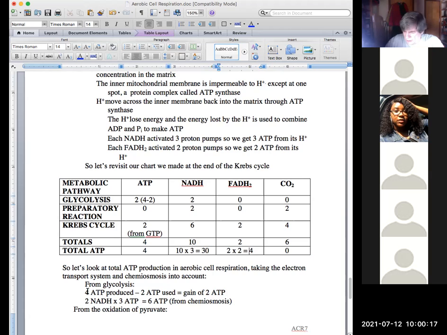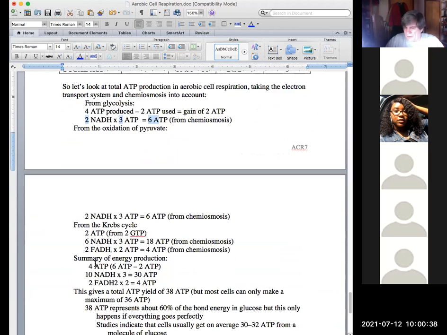So if we look, we got 4 ATP in glycolysis, but we used up 2, so we gained 2. We made 2 NADHs in glycolysis. We can get 3 ATP from them each, 6. So if we look overall here, we made 4 ATP directly.